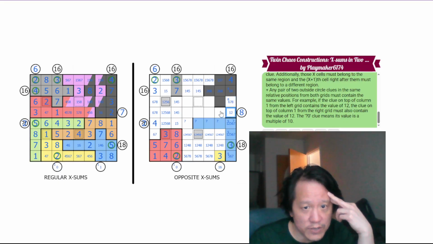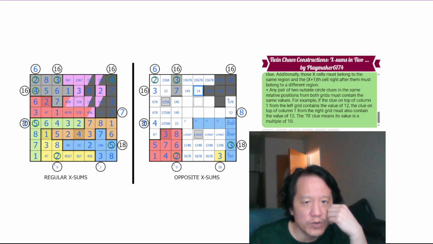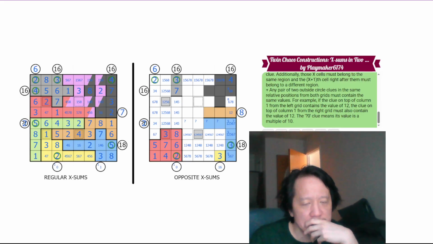So at least one of these, again, is a different region, and it must go out. So either way, this is guaranteed to be a different region, and it must continue on that way. So these are blocked from being another region.